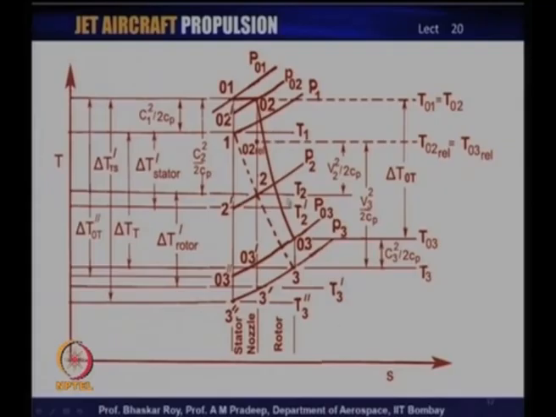The temperature drops, the pressure drops, and then the energy is given up in the form of work. That is of course, not shown in this diagram here. It only shows up in the form of loss of temperature, or if you cast this diagram in the form of H-s diagram, it will show up in the form of drop of enthalpy.